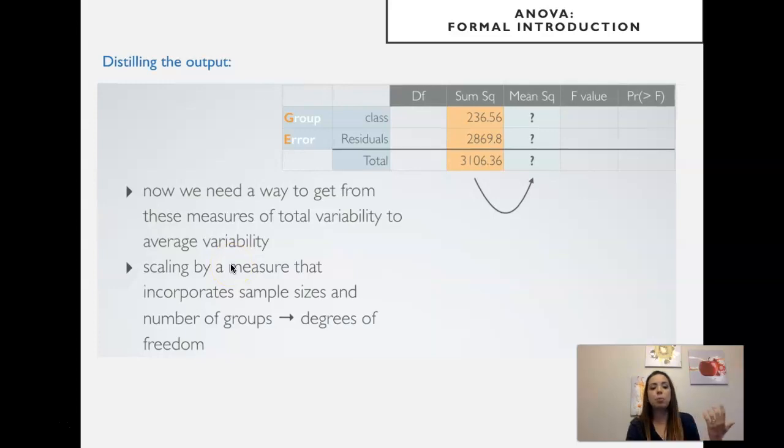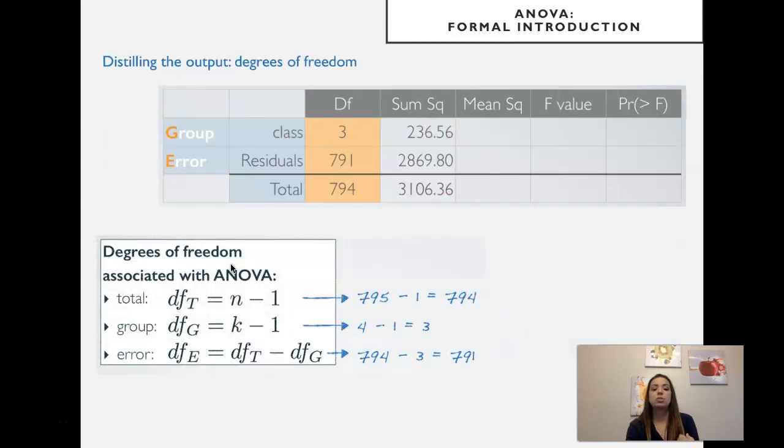So we need to scale by a measure that incorporates sample sizes and number of groups, which are the degrees of freedom. So the degrees of freedom for the group factor is the number of groups minus 1, which in this case, 4 groups minus 1, okay?